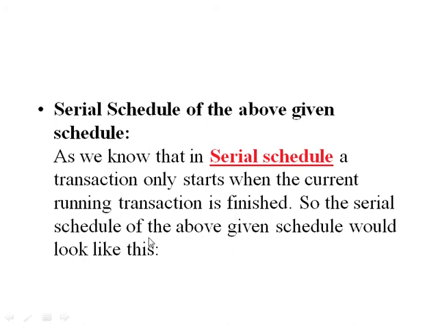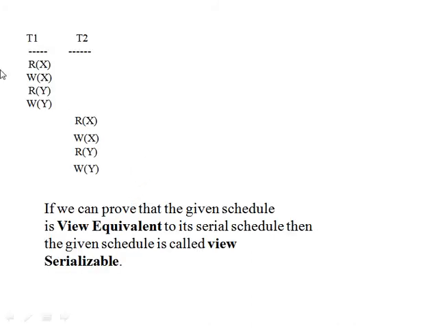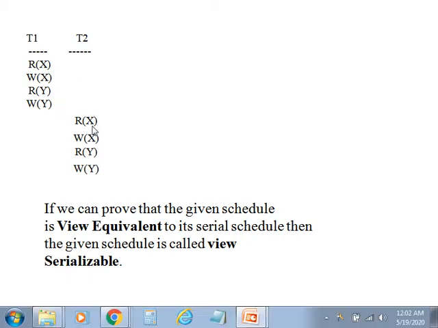This is the serial schedule of the previous one. If we can prove that the given schedule is view equivalent to its serial schedule, then the given schedule is called view serializable.